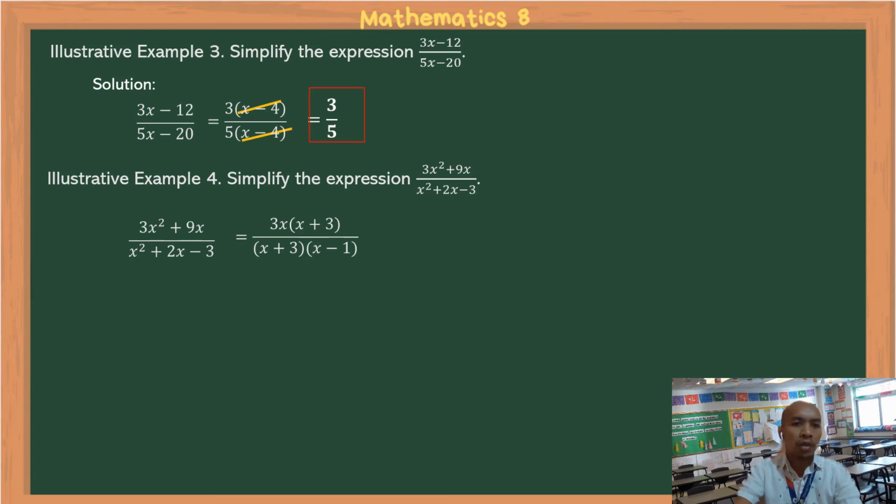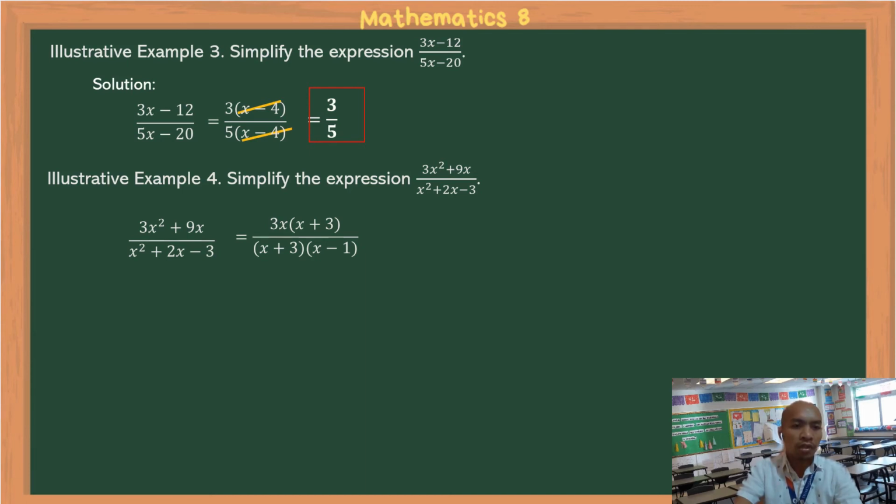So 3x squared divided by 3x, that would be x. Then 9x divided by 3x, that would be 3. To factor the denominator, the first terms of the binomial factors would be the factors of our first term in the trinomial.